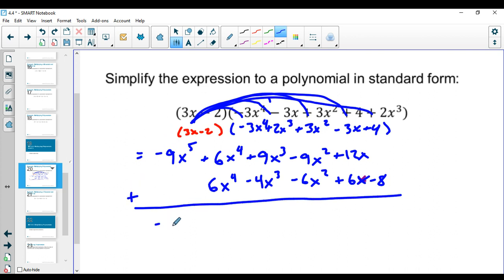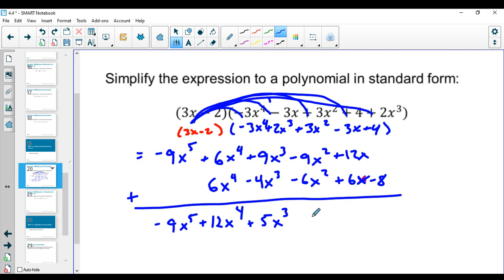So straight down, negative 9x to the fifth. And then 6 plus 6 is 12x to the fourth. 9 minus 4 is going to be 5x cubed.